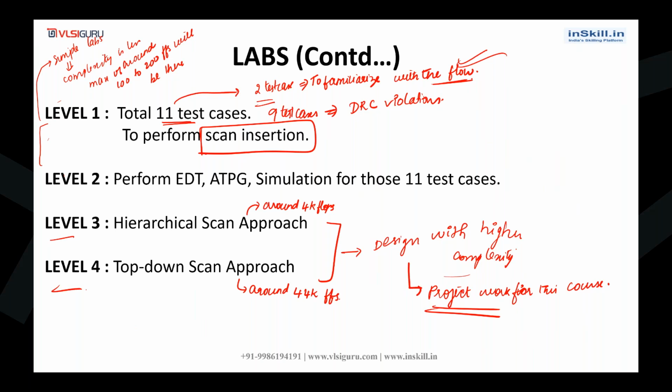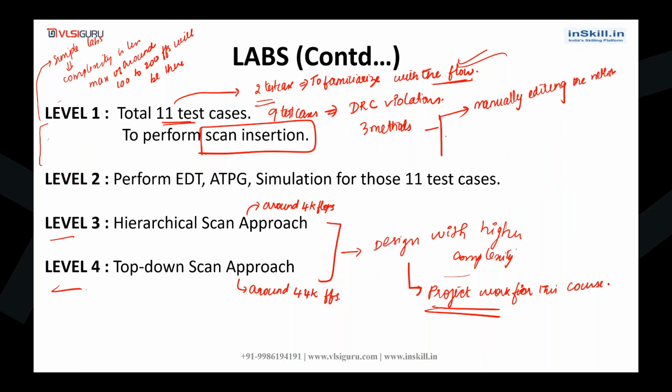So in the remaining nine test cases, we'll try to debug the DRC violations and fix them. For DRC violation fixes, there are three methods you can use. One is manually editing the netlist.